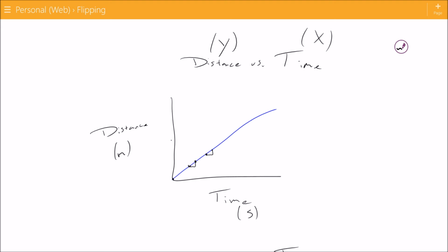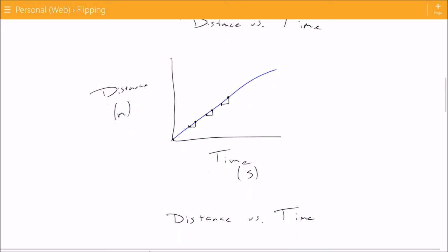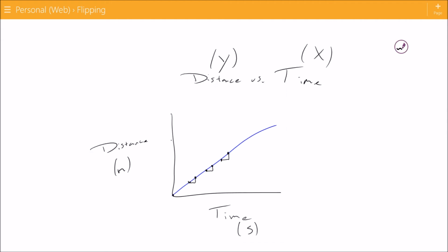If we have the exact equation for the function, it's easier to prove this, but it pretty much looks like the slope is equal, that I'm always going through the same quantity of change here. So it looks like I'm always moving away, and because it's linear, the slope is constant, so that means I'm moving away at a constant speed.